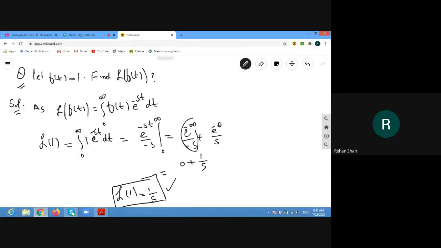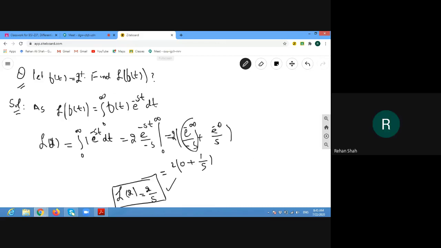If you put 1 equal to 2, then this will become 2 multiplied by these two functions, and this will become 2 multiplied by 1 over s, which is 2 over s. Is it clear? Yes, sir.